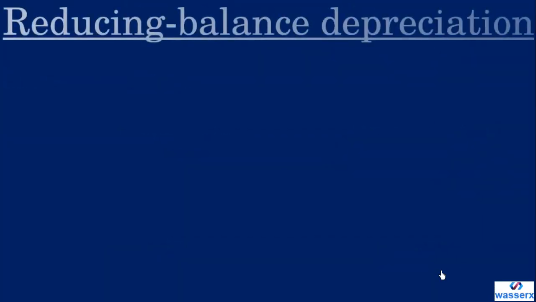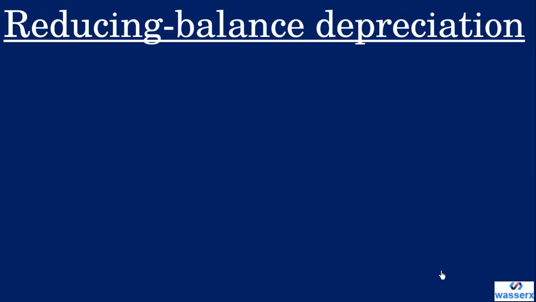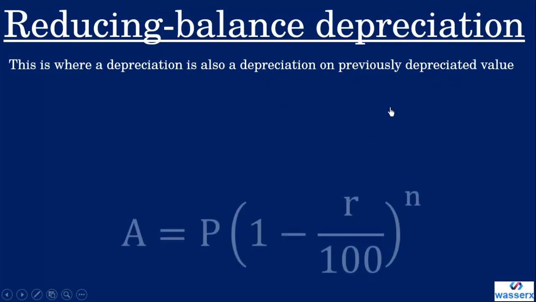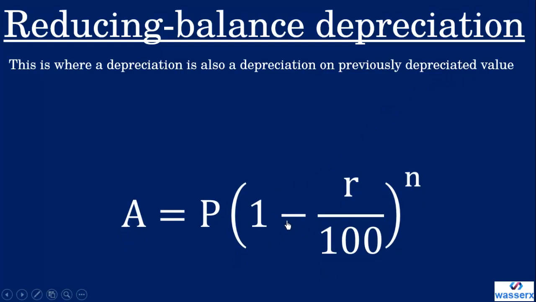Then we also have the reducing balance depreciation. Over here, the depreciation is also a depreciation on previously depreciated value, just like a compound interest. But this time, because it is depreciation, this one is reducing, so it is minus.